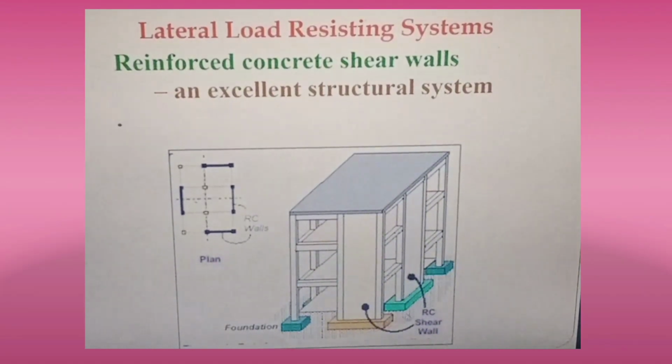This is an RC shear wall. These are the two columns, and in between them they have built the shear wall, and this is the foundation. You can see the footings also. In plan, they have shown where they have placed this particular shear wall.